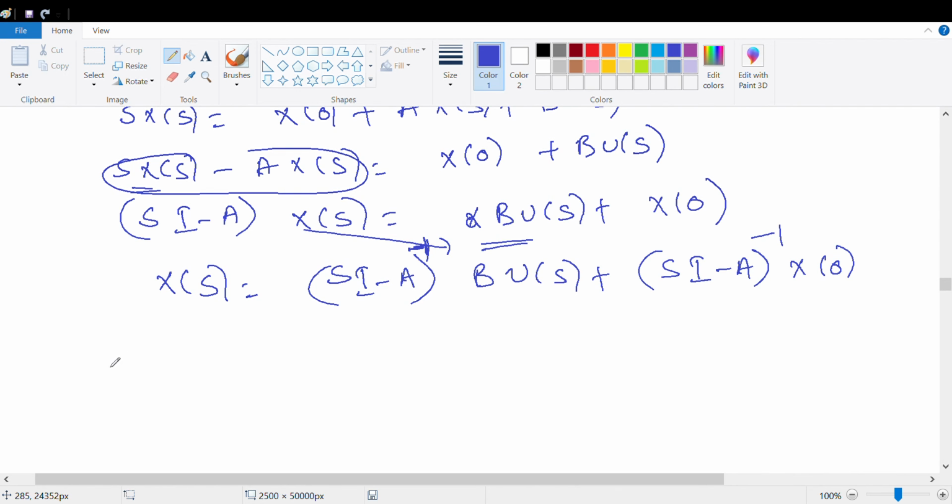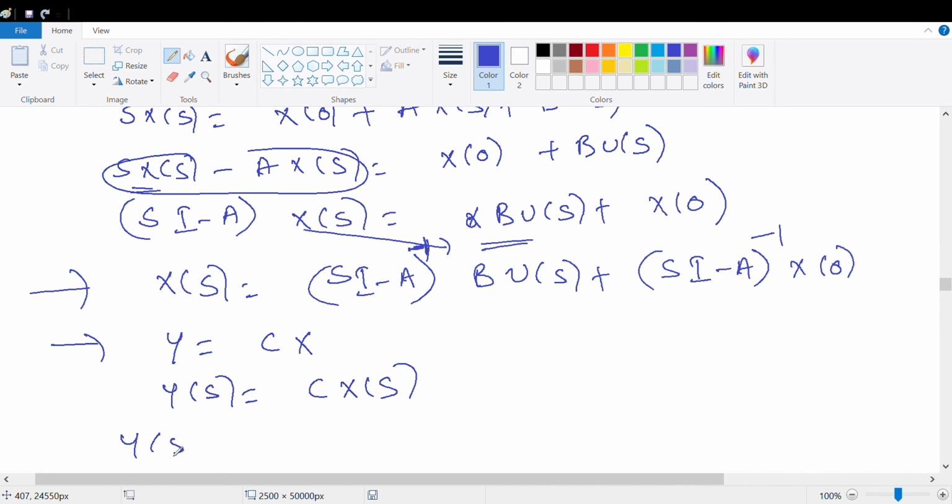This is for x of s, and we know y equal to c x. Therefore, y of s equal to c into x of s. The question is what is y of t.